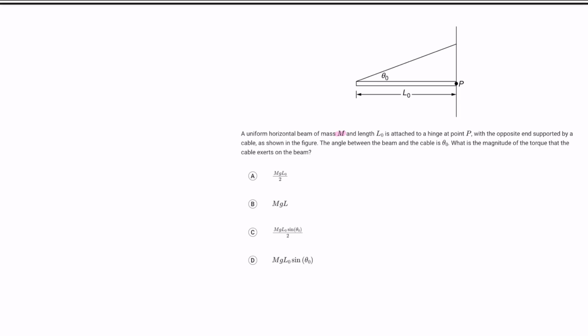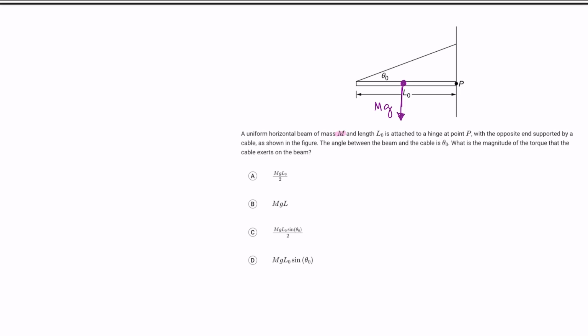So we know that the center of mass of this uniform bar is going to be somewhere in the middle. And we also know that the magnitude of the force due to gravity must be capital Mg, capital M being the mass of the bar and g being the acceleration due to gravity.